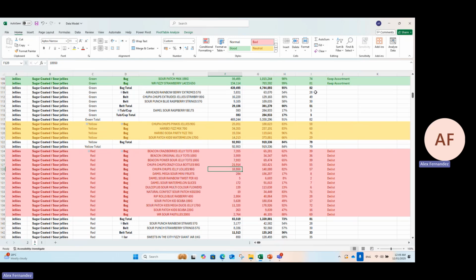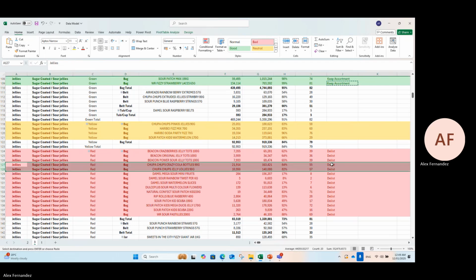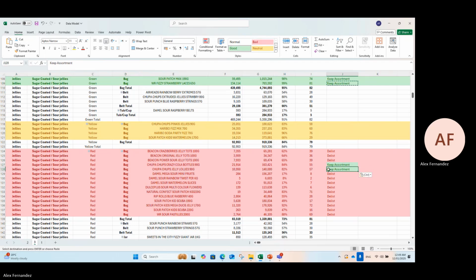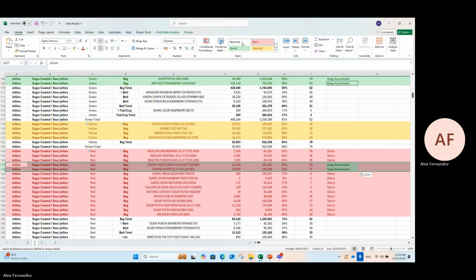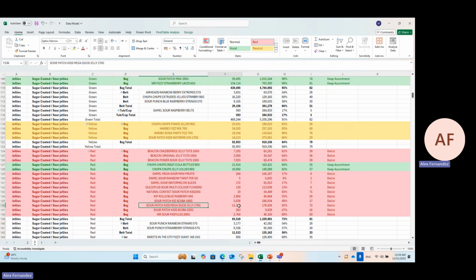So these are to be kept. They have low weighted distribution, so we will recommend to also improve weighted distribution. And we check another Sour Patch, 11,000, 72 numeric, 92% weighted distribution, almost only 11,000.